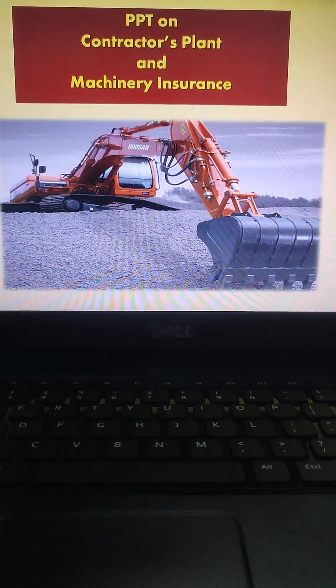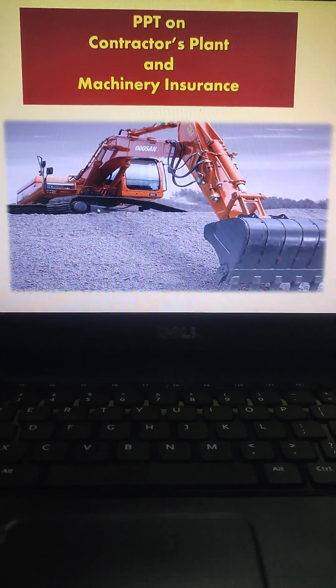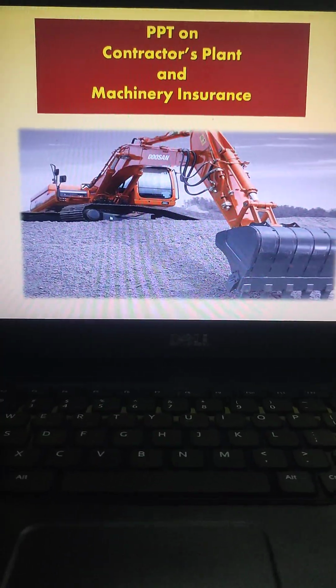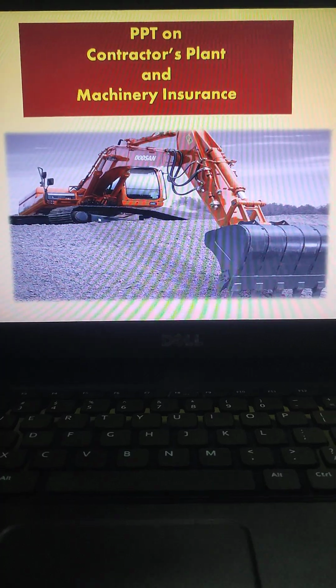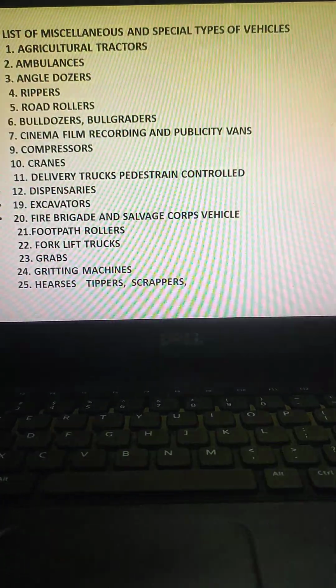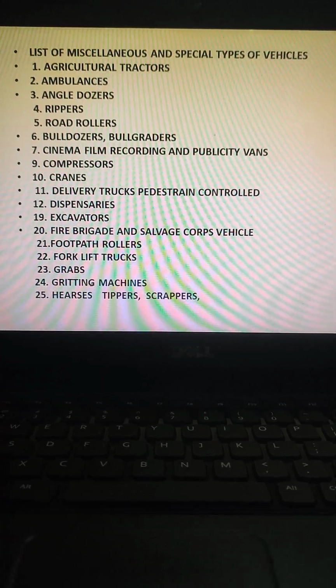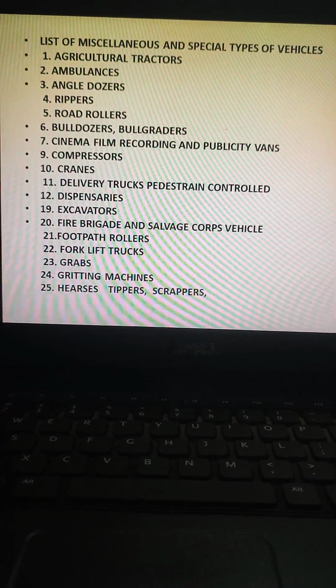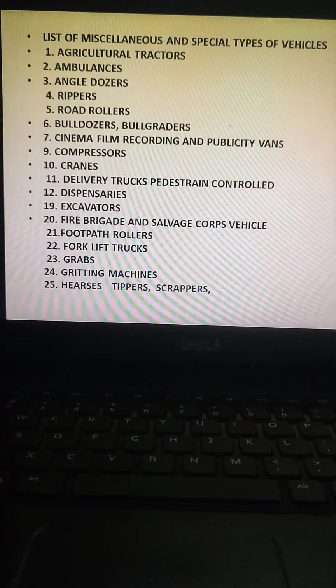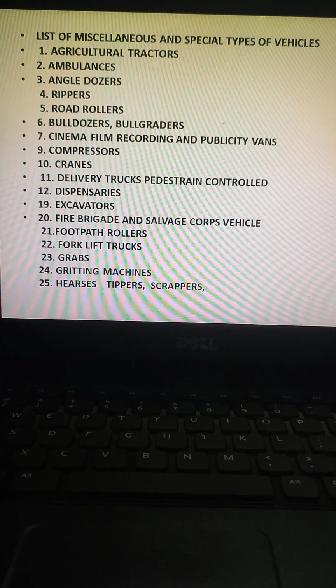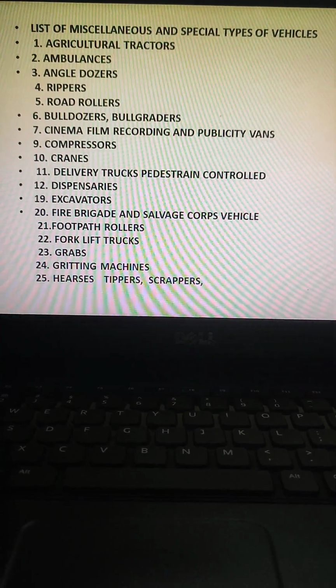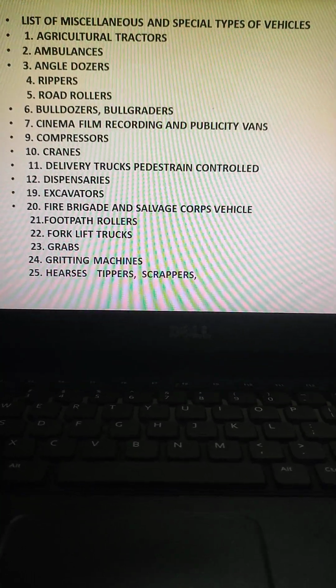So, the topic for our discussion today is contractors, plant and machinery insurance. There are a number of vehicles which come under the miscellaneous D category of the India Motor Tariff.